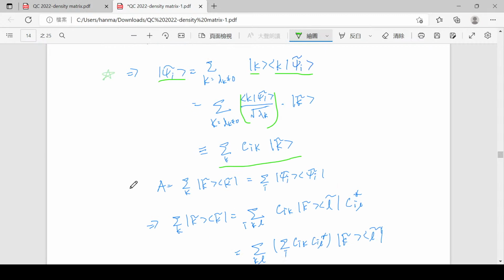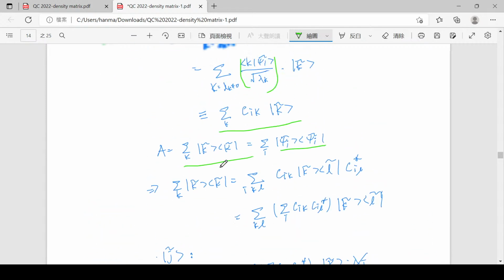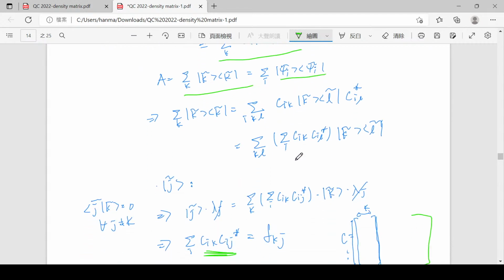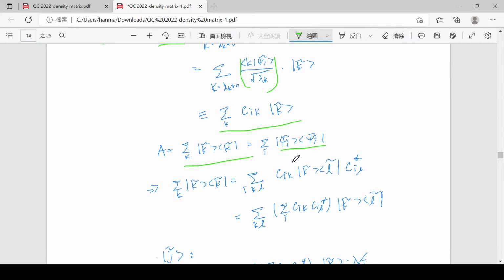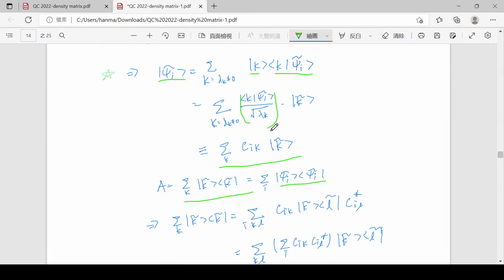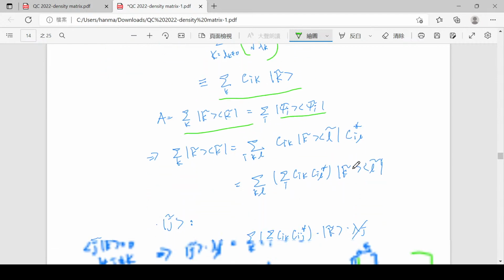And then we can use this relationship that those k and those psi tilde give the same matrix. Then we write all those psi tilde in terms of those k tilde again with this relationship.